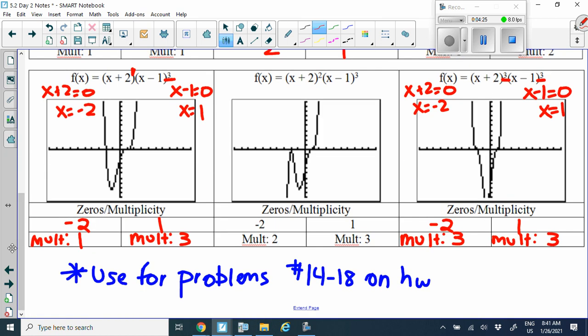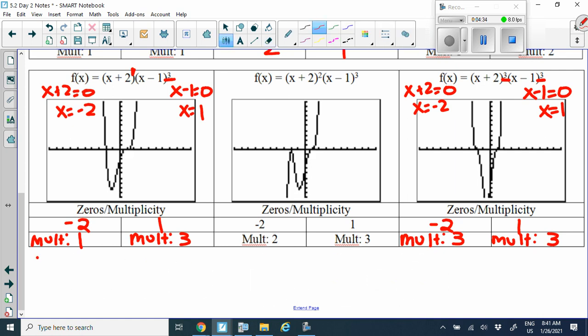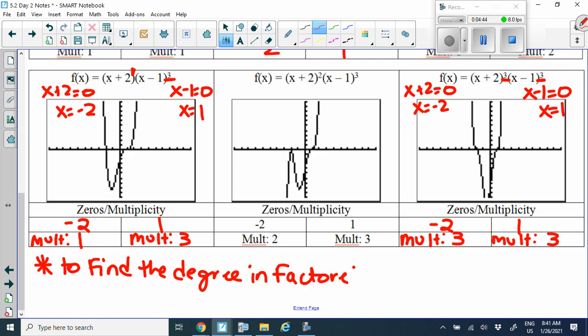So that's going to be very important when we do problems like this, right? So to find the degree in factored form, add the exponents on the factors.